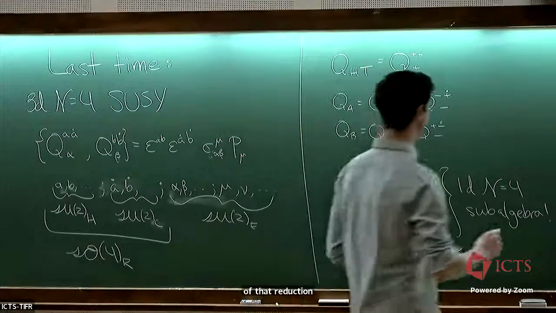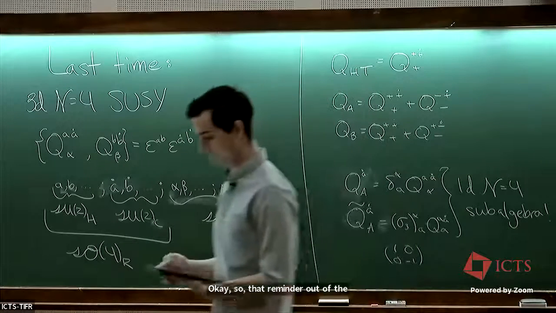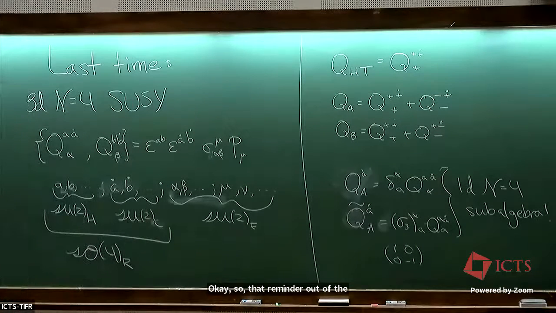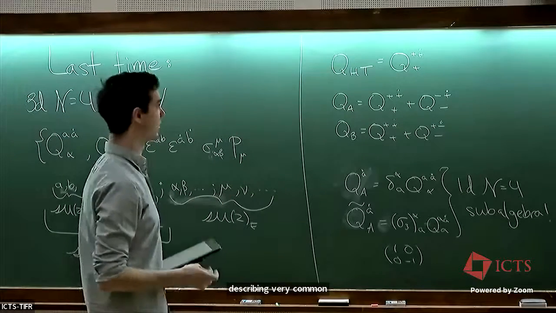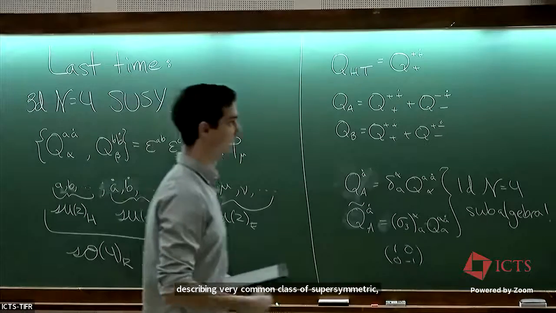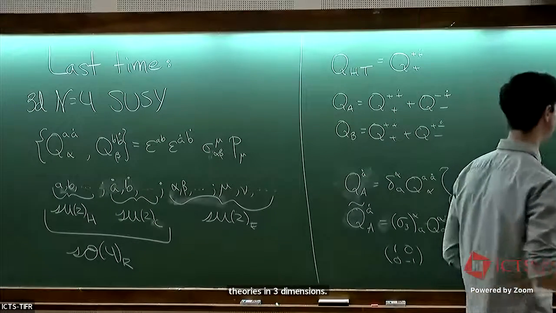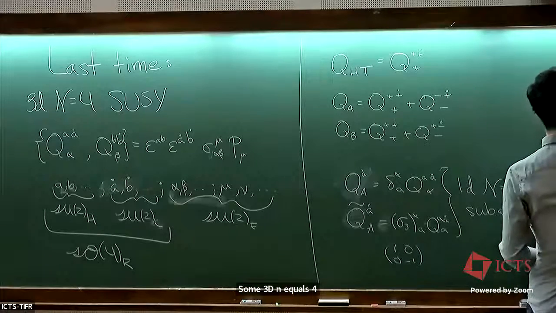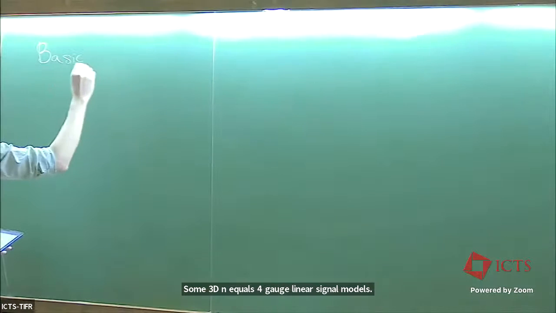Okay, so with that reminder out of the way, I wanted to give you some of the basic building blocks that go into describing a very common class of supersymmetric gauge theories in 3 dimensions, 3D n=4 gauged linear sigma models. So let's start out with some nomenclature.